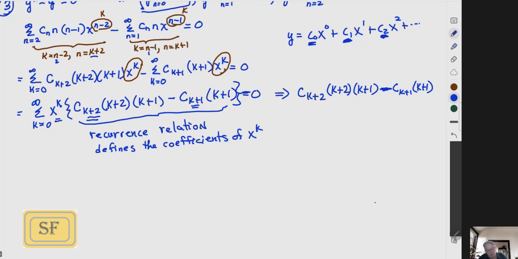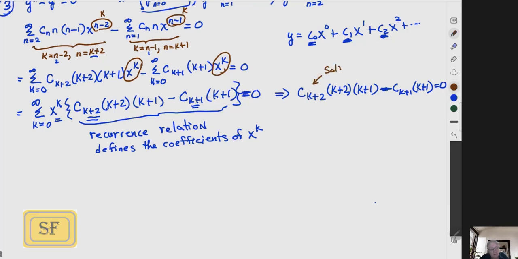And because our series is equal to 0, then we know that all of our coefficients of each term have to be 0. So we're going to set this equal to 0 and then solve.